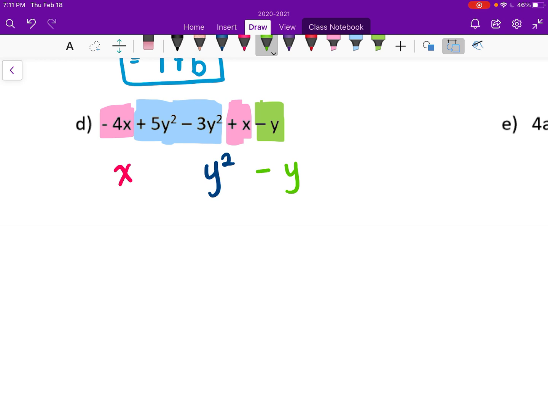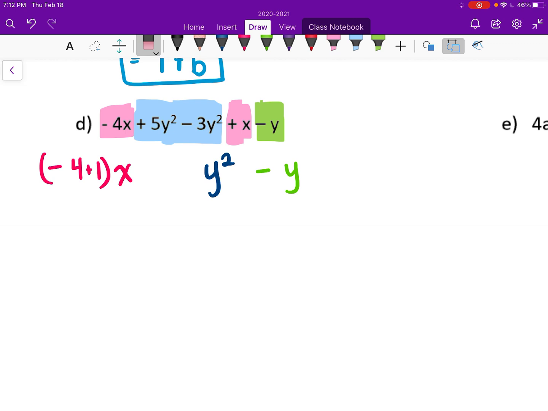Now, I'm going to go back here and I'm going to say, okay, I have a negative 4x. So negative 4. And then I have a positive 1x. So it's negative 4 plus 1. So that's going to turn into negative 3x. Oops, sorry, no. I have negative 4 plus 1.